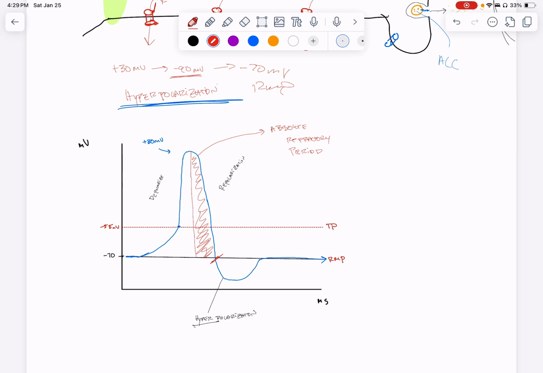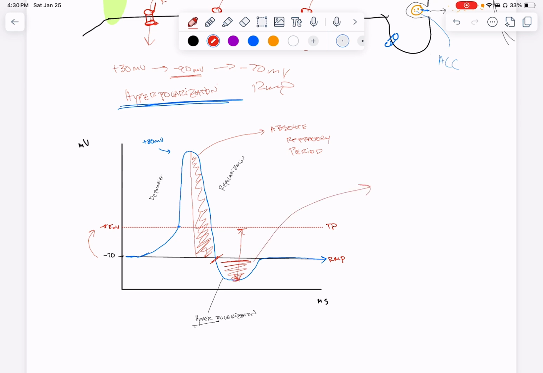Now, there's this other area right here where if you wanted to stimulate an action potential, you would have to do it even more. So instead of moving the cell just from negative 70 to negative 55, so that'd be 15 voltage, right? Yeah, 15 voltage. Man, I cannot do math clearly. You would need even more additional voltage in order to stimulate an action potential. And so it's very unlikely that this happens, but it is possible.